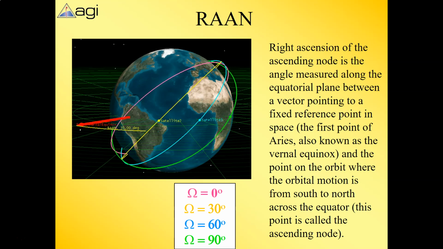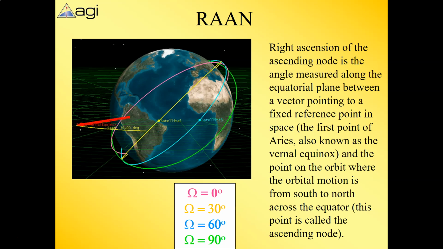Let's break RAAN, or R-A-A-N, right ascension of the ascending node, up into two parts: right ascension and ascending node. Ascending node comes first. This is the point on the orbit where the satellite crosses the equatorial plane in an ascending direction, going up.